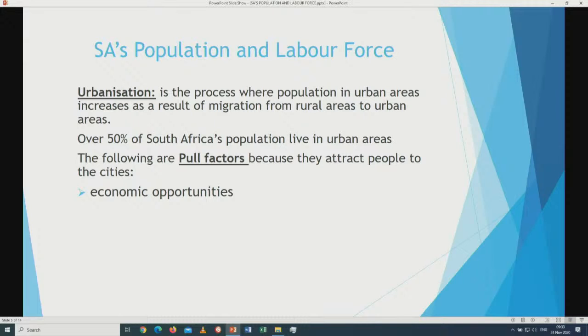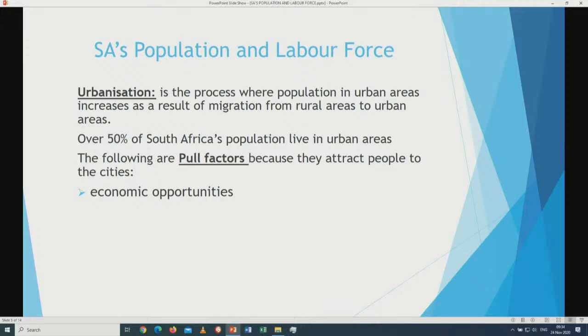are economic opportunities. When you look at the economic opportunities that are available in the urban areas and those that are available in the rural areas, you'll agree with me that in rural areas, the economic activities are very, very few as compared to the urban areas.